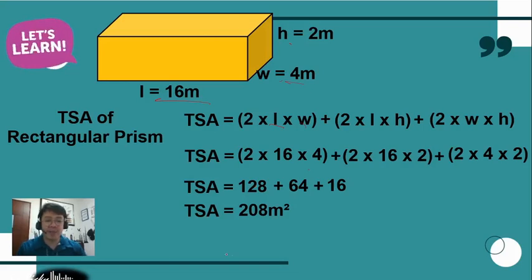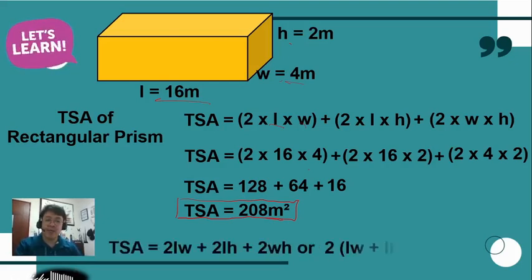So it has the same answer as the first example that I have shown you. So that's how we solve for the total surface area of a rectangular prism. We can use this formula in getting the total surface area of a rectangular prism.